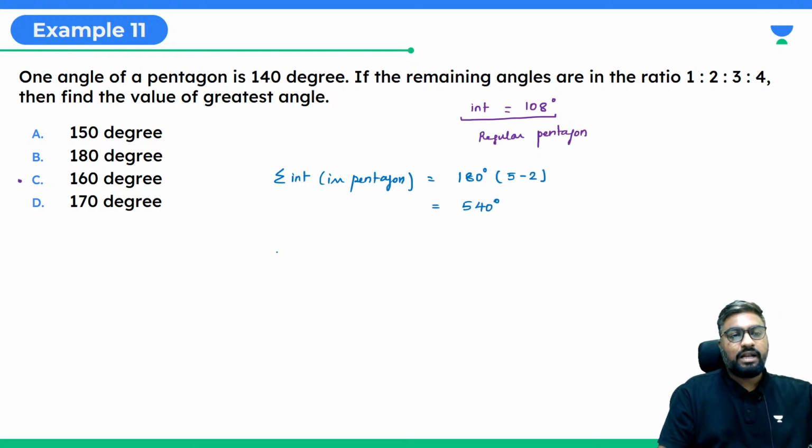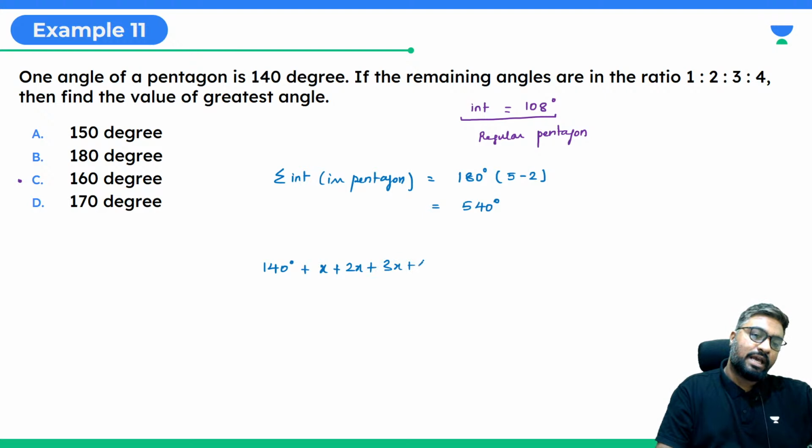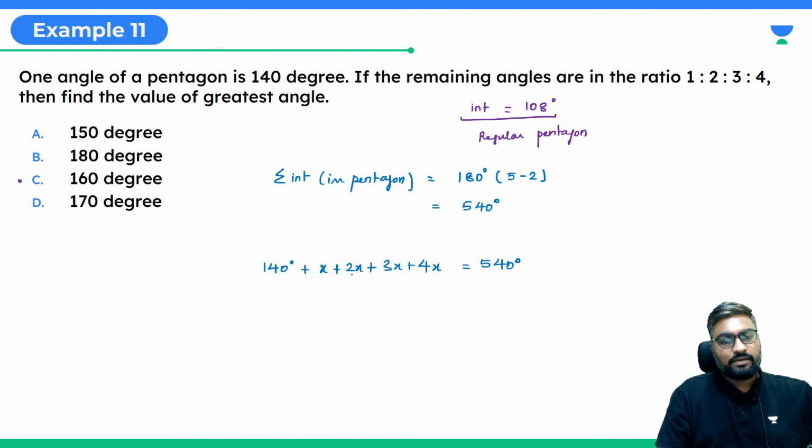We have एक angle 140 degrees plus the other ones are in the ratio 1:2:3:4. So x plus 2x plus 3x plus 4x should be equal to 540 degrees. So this is how much? 3, 6, 10x, correct? 10x is 540 minus 140, 400 degrees. So you're getting x is 40 degrees.